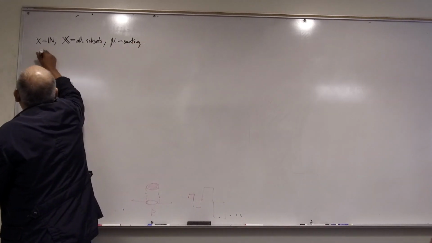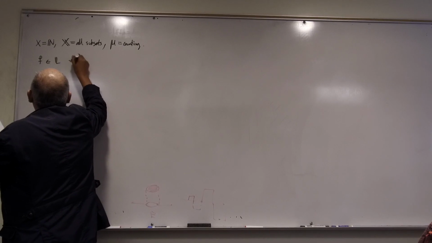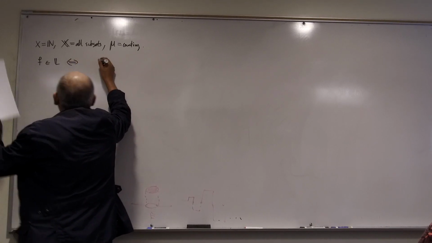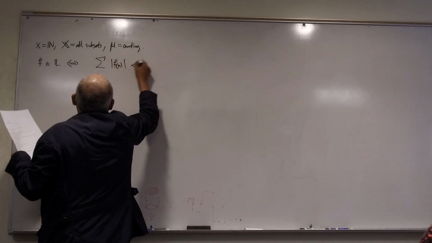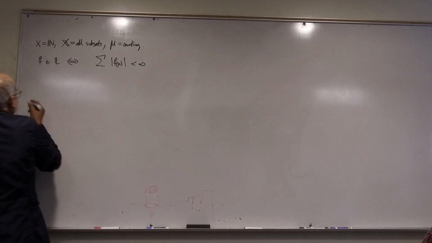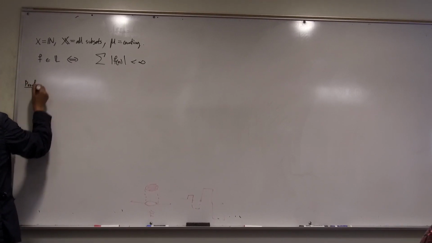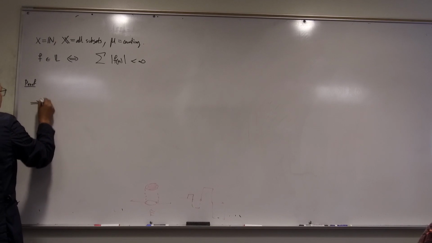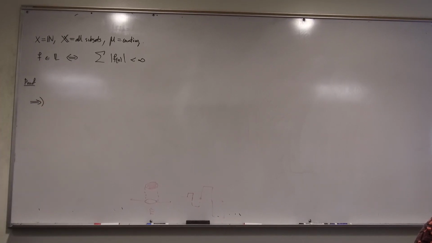Show that f is in L if and only if the sum of f_n is less than infinity. That sounds like an easy problem. If I find this problem like this, I should be able to do it with no problem, provided we understand it today, right?